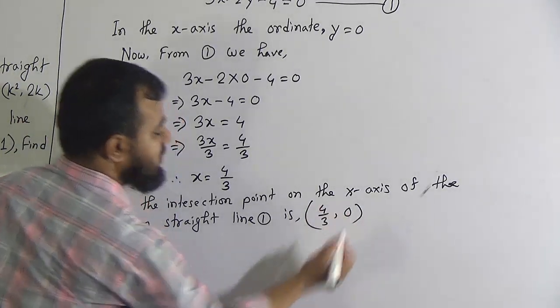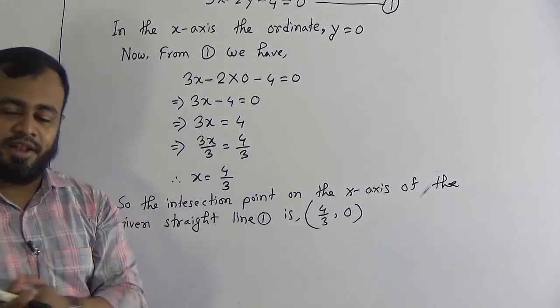This is the intersection point on the x-axis of that given straight line. Okay.